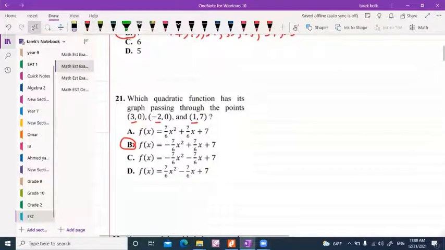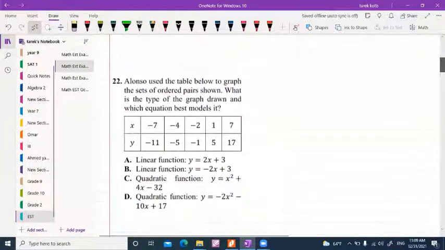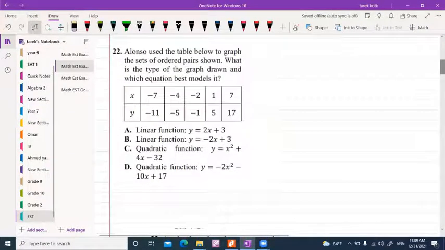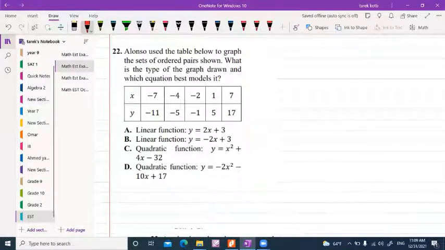Number 22. Alonso used the table below to graph the set of ordered pairs shown. What is the type of the graph drawn and which equation best models it? We need to check whether this is a linear graph or quadratic graph. So we have to get the difference in y and the difference in x.